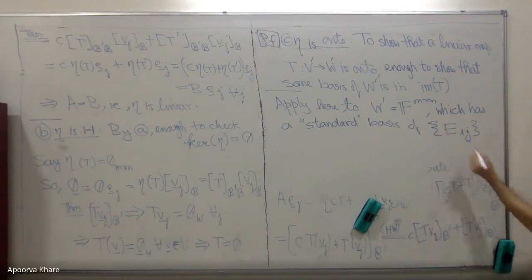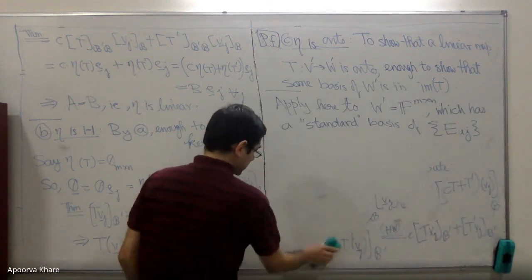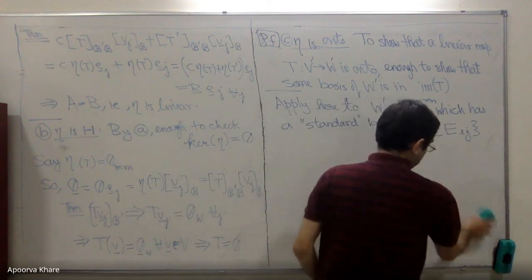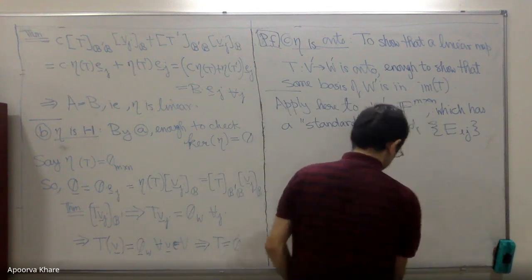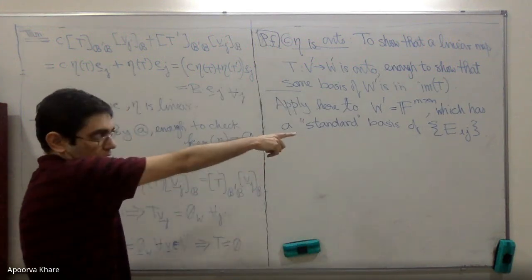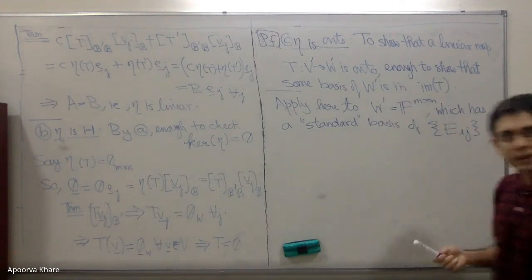A set of all E_ij, right? Elementary matrices where E_ij has 1 in the ijth position and 0 everywhere else. And clearly every matrix is a unique linear combination of these E_ij. So it's enough to show that there is one linear transformation which goes to E_ij. And let me tell you that linear transformation.